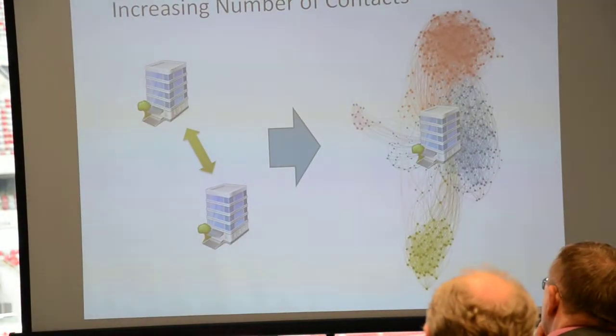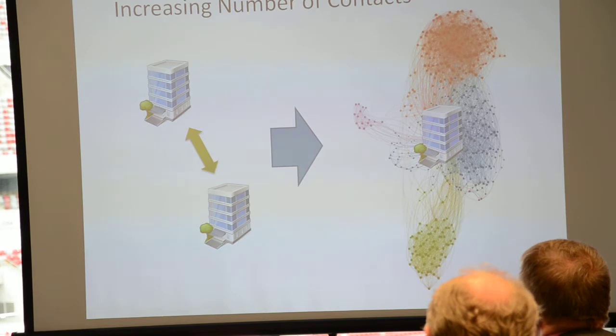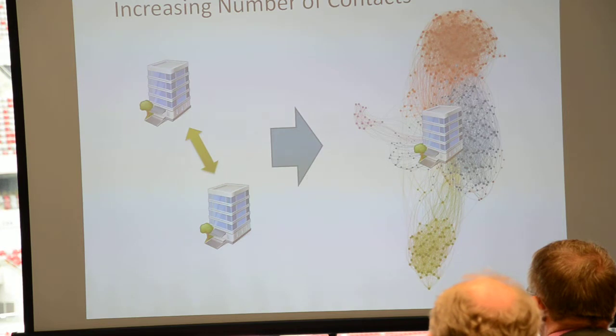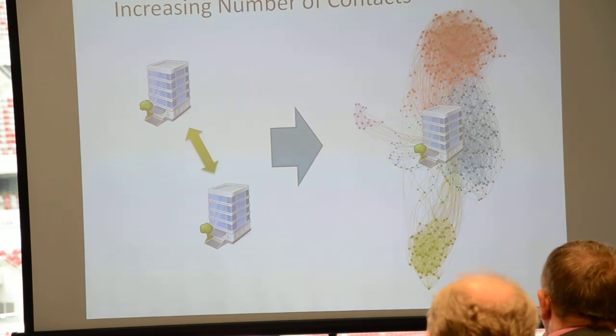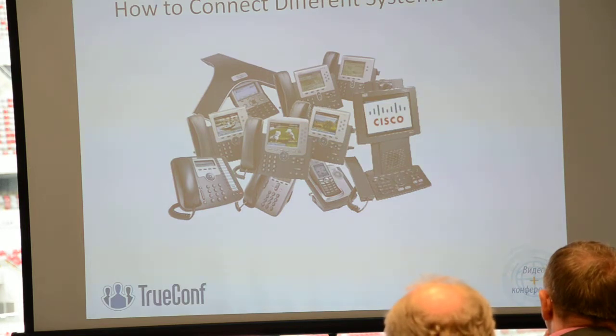But now we use our unified communication tools to communicate with our friends, with our colleagues, with our partners, with other peers. So we communicate with a lot of different people, which means a lot of different systems. And to make all these communications simpler and more reliable, we use SIP as a glue to connect different systems together.